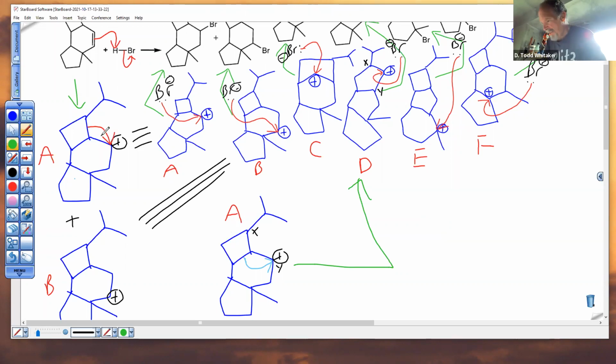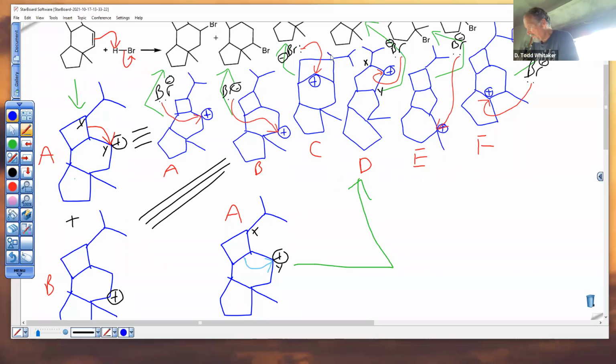Do the labels again. We got an X at the top. We got a Y for where the cation is. This one's going to make ring size 5. The 6 didn't change. We're going to C here, aren't we? The 6 didn't change, leaving a cation between X and Y. And X is the one with the isopropyl.